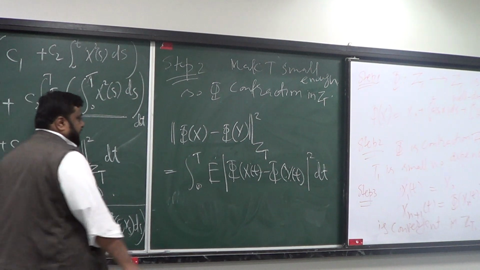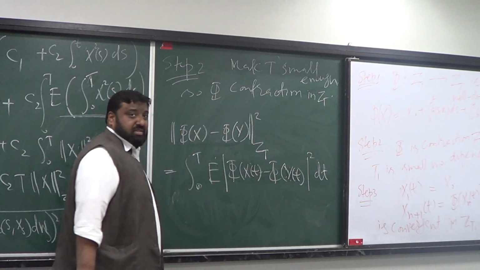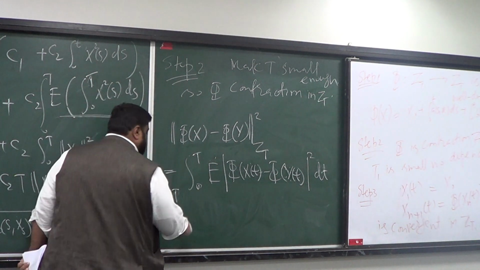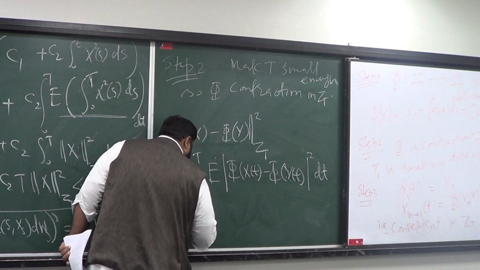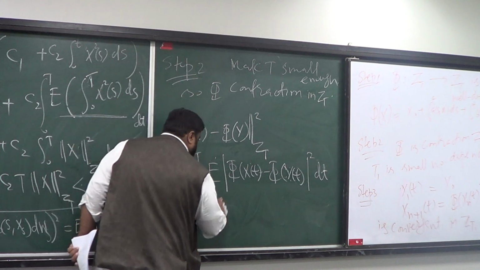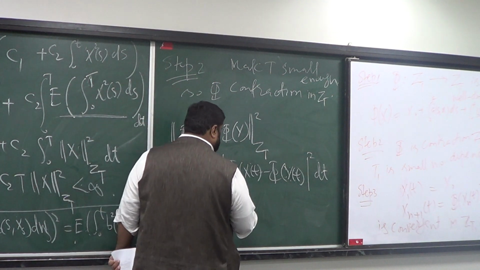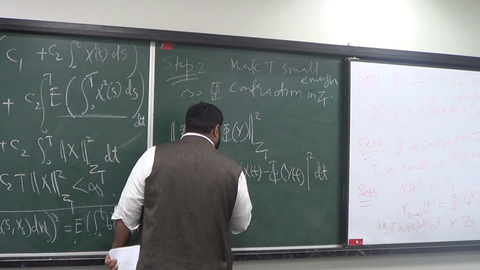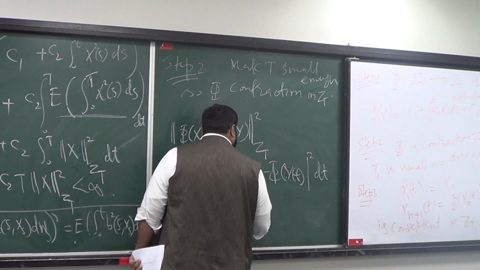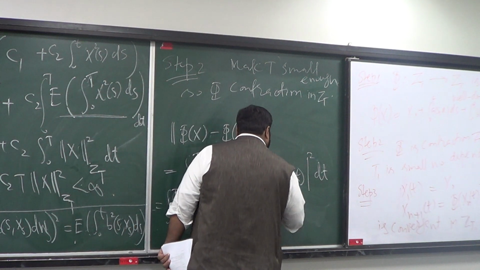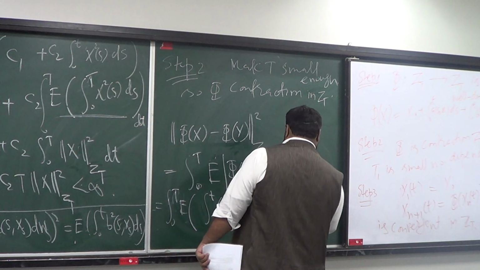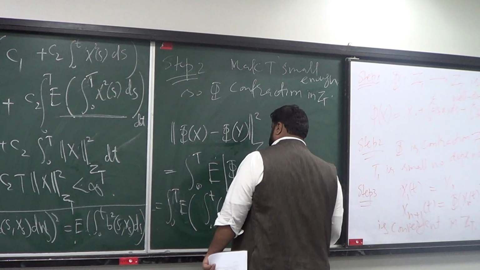And then substitute the value of phi of x and phi of y. When you substitute, you're going to get the integral from 0 to T of the expectation of the integral from 0 to t of a of s, x of s minus a of s, y of s, squared, ds.